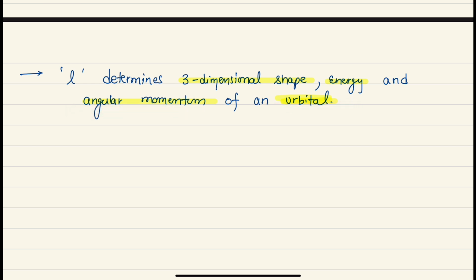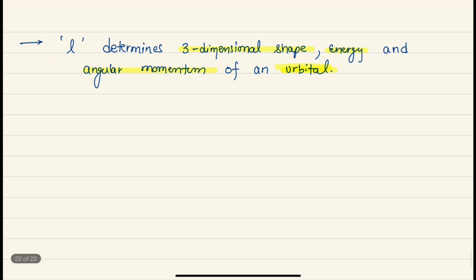We can determine the shape of the orbital. We can determine the energy of the orbital. We can determine the angular momentum of the orbital. Okay, so these are some features of L, the azimuthal quantum number, right?